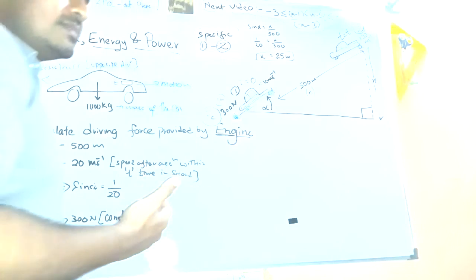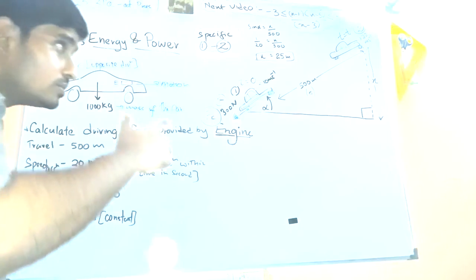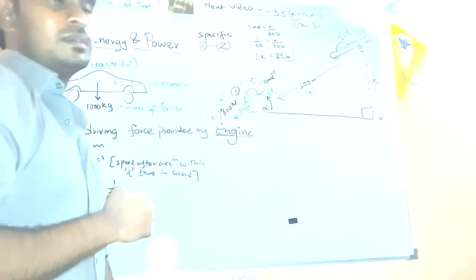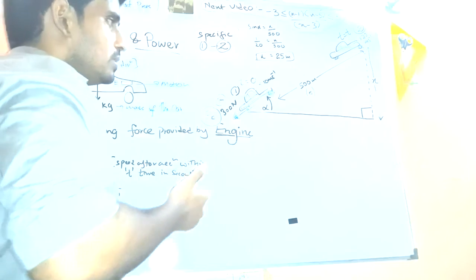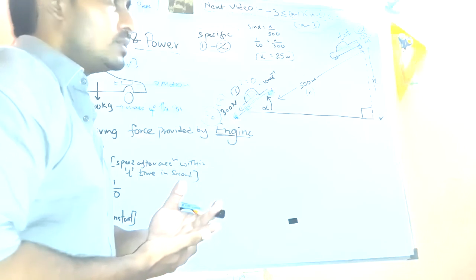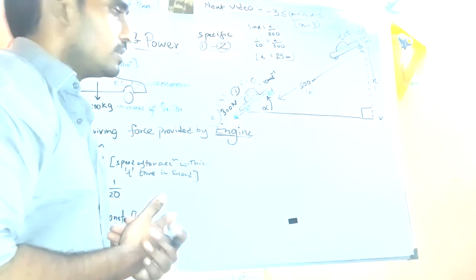So the total gain in energy when it reaches state 2 is 545,250 joules, right? So now that total gain in energy must be provided by the engine in order to reach state 2, because otherwise there is no other option to gain that energy, right?